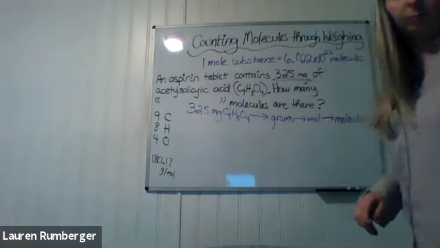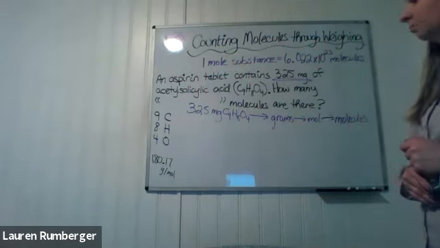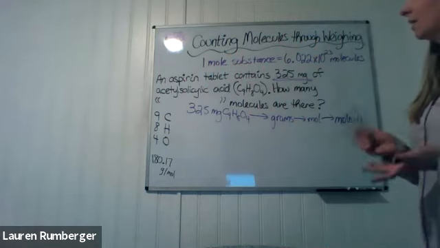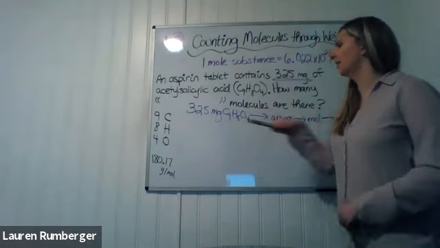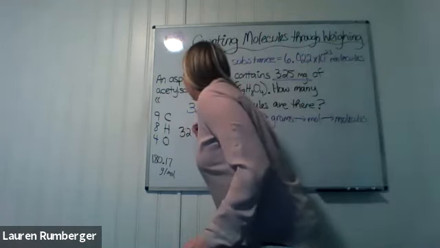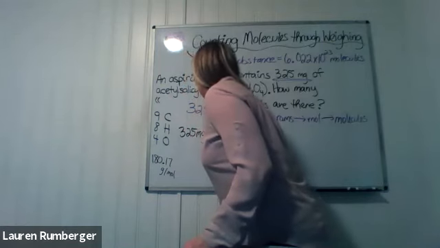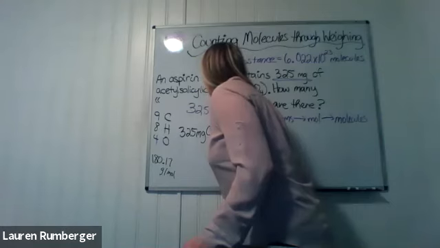Now, when we begin our conversion, we're going to start with the given information. The given information is that we have an aspirin tablet that contains 325 milligrams of the active ingredient. So we're going to start with 325 milligrams of C9H8O4.